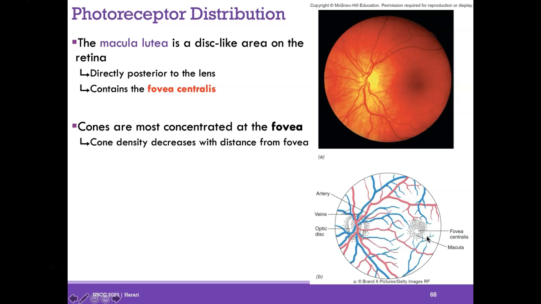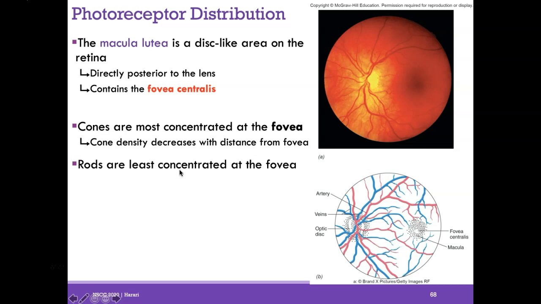And as you go from the fovea, the cone density decreases. We're looking at a lateral view of the eye over here. So this is the optic disc. The cone density is going to decrease with the distance from the fovea.